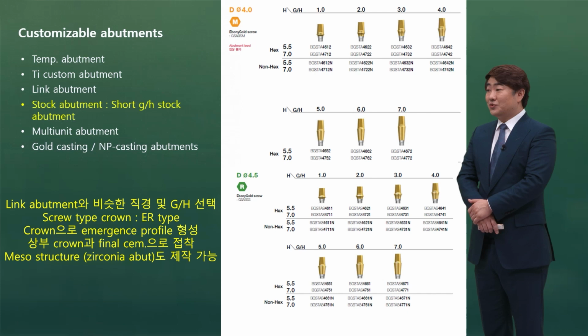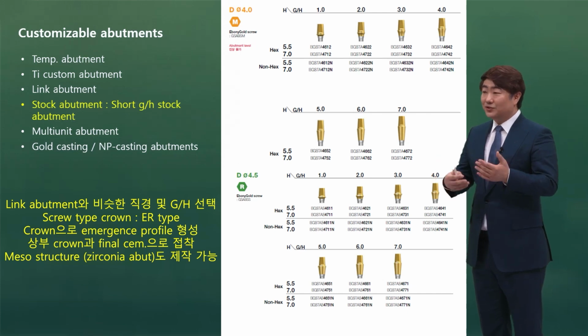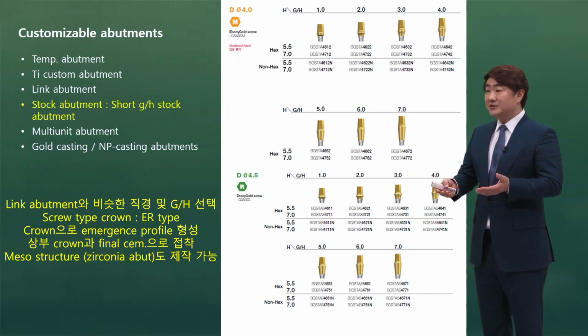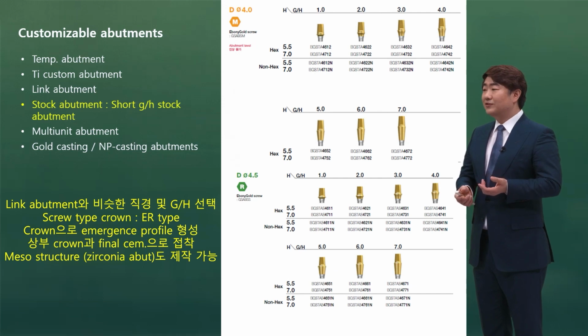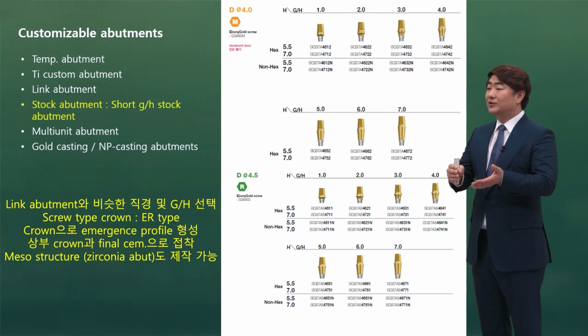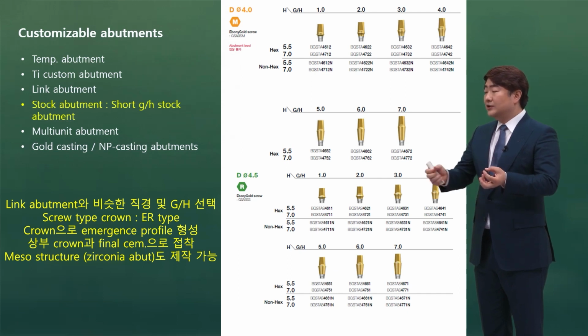Next, when we use link abutment to create a screw type temporary or customized abutment, but sometimes we can also use stock abutment. Link abutment, gingiva height is 1, 2, 3, and the diameter starts from about 4.5. So gingiva height is about 1, and the diameter is 4.5, and stock abutment of that size is used.